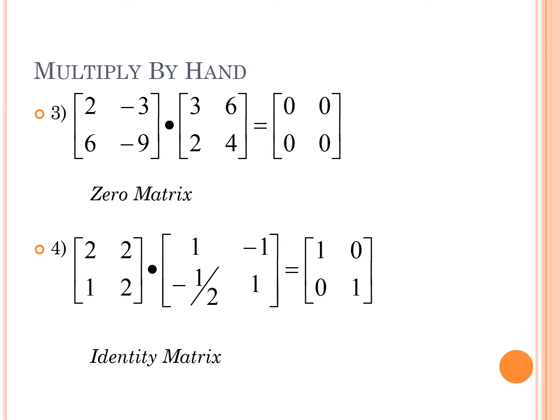For this next one, this is going to be a little bit more useful for us, and one that we're going to use quite a bit, what's called an identity matrix. The identity matrix is going to have ones down the diagonal and zeros in all other entries. An identity matrix is basically the equivalent of multiplying by 1 in real numbers.